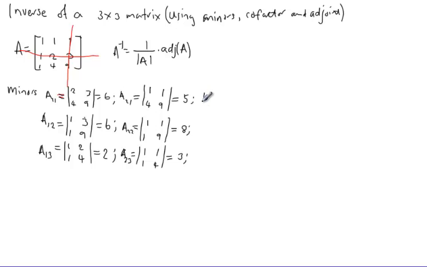Session of this thing now. This is A31. I'll write everything. A32. A33. Volunteer, give me this. 1, 1, 2, 3.